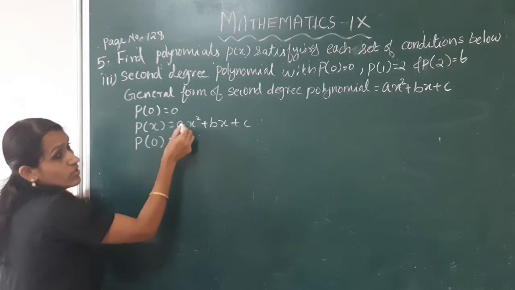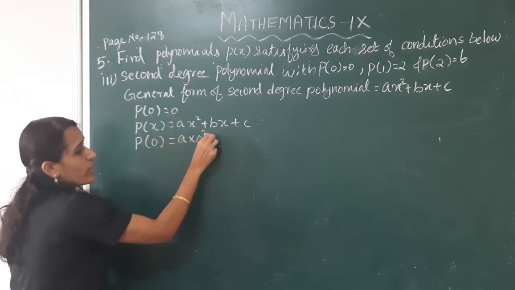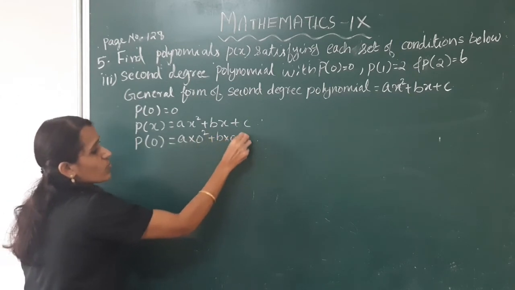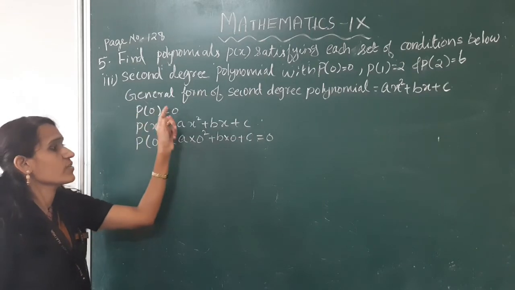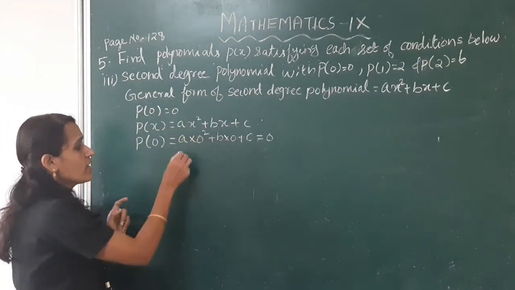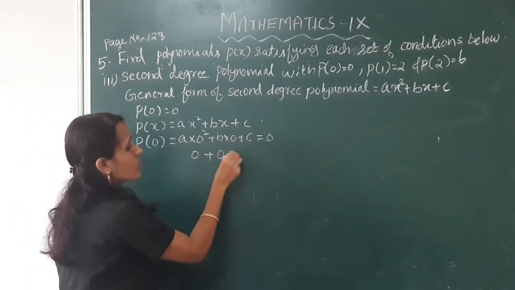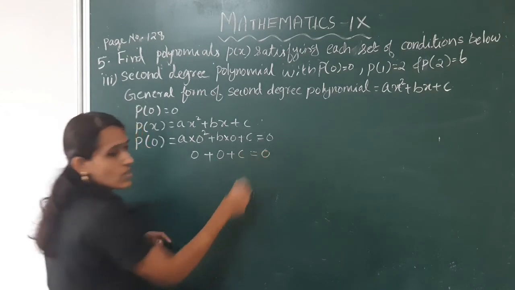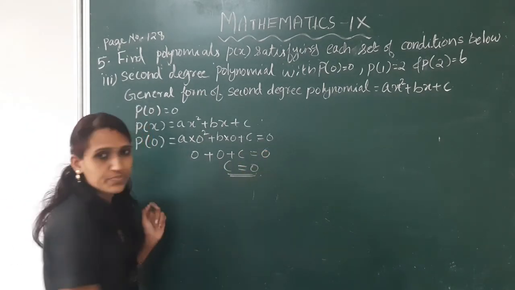Instead of x, substitute 0: a into 0 square plus b into 0 plus c is equal to 0. Here 0 square is 0, 0 into a is 0, plus b into 0 is 0, plus c is equal to 0. That is c is equal to 0.